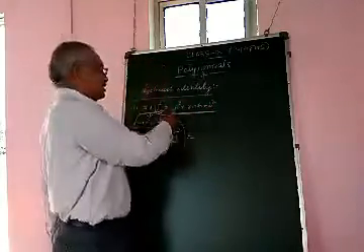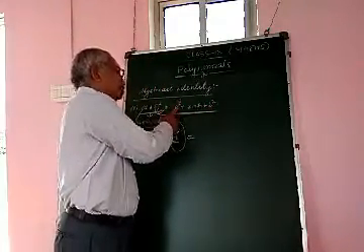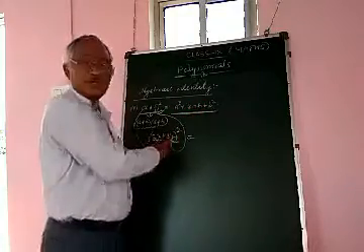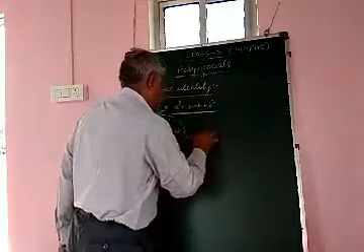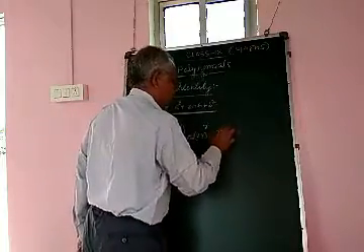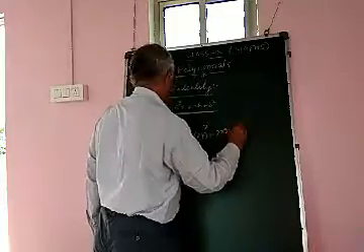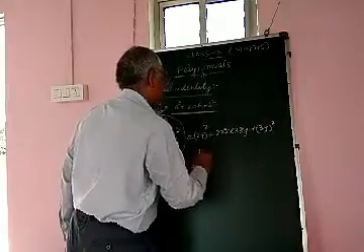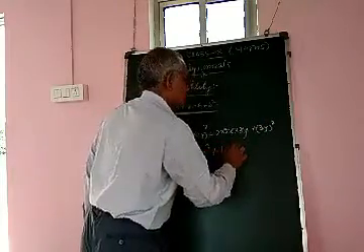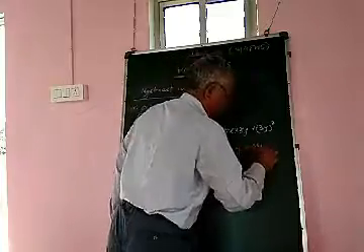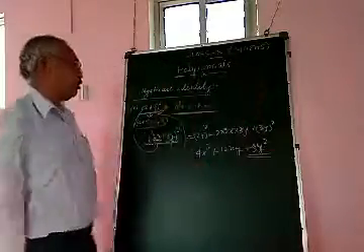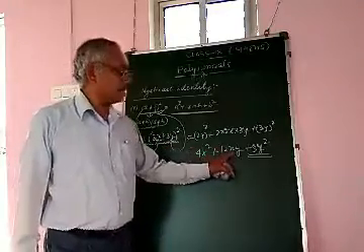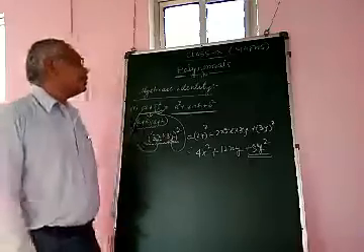So I replace a by 2x and b by 3y. Then you will get 2x whole square plus 2 into 2x into 3y plus 3y whole square. Now this is equal to 4x square plus 12xy plus 9y square. This is the expansion form of 2x plus 3y whole square is equal to 4x square plus 12xy plus 9y square.